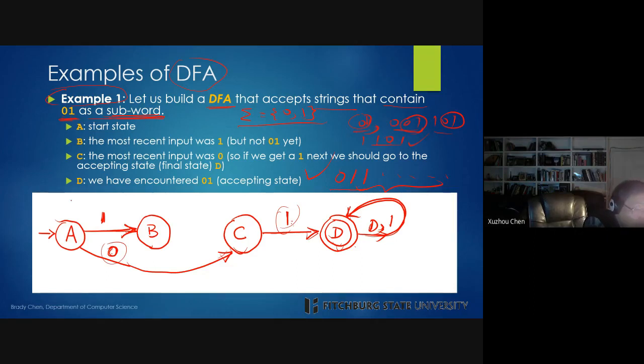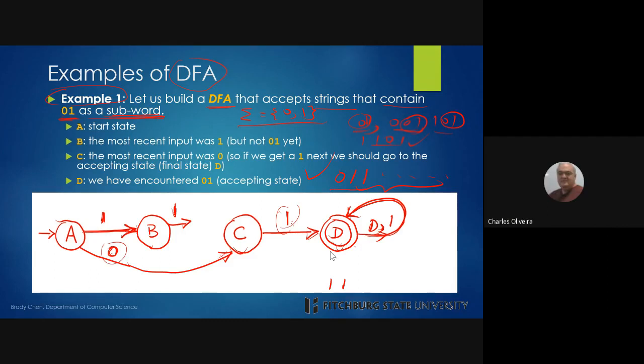However, in another path, if the initial value is 1, we'll go to B. That sounds bad, right? If the next input is 1 again, what do you think? 1, 1. That's not good, right? Nope.